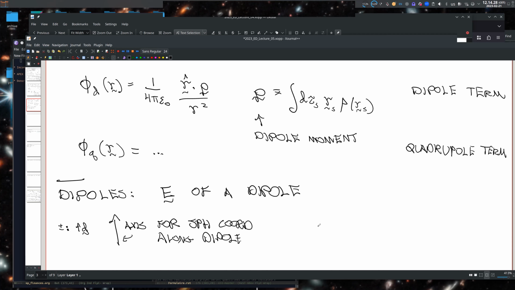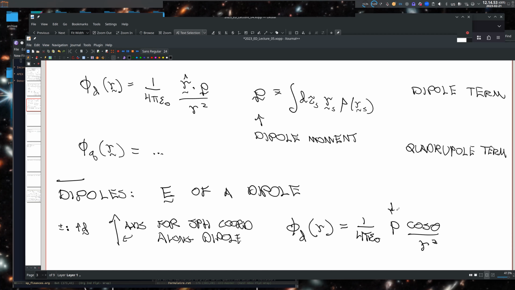And what that means is that our phi dipole of position r just becomes this 1 over 4 pi epsilon 0. Just rewriting this now with that thing. The p is along the z-axis. But now I just have this p cos theta divided by r squared.